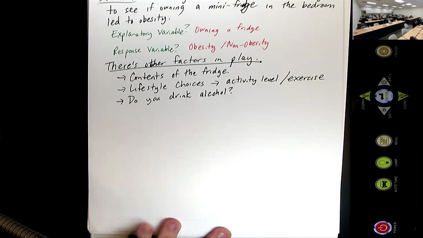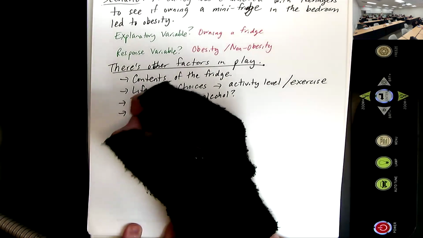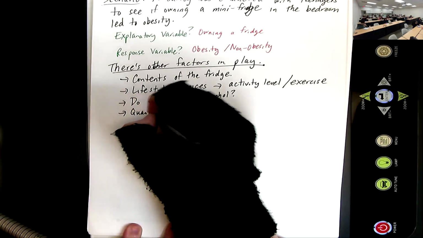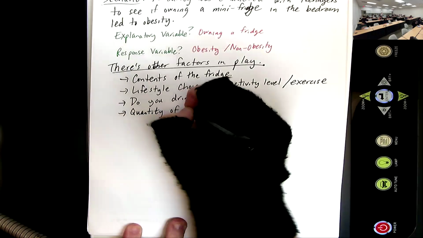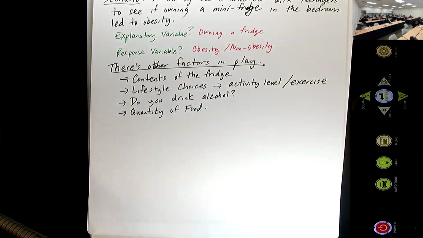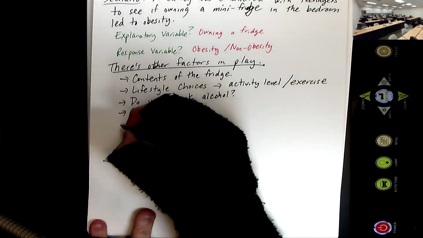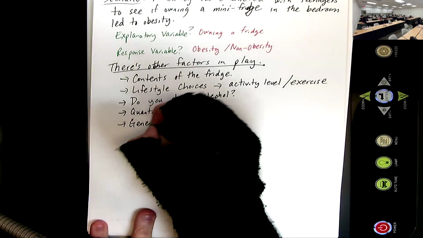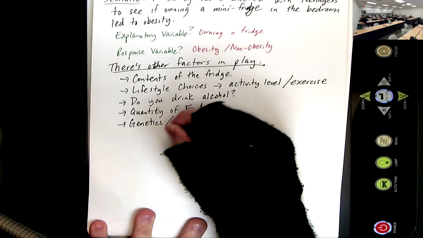What else might lead to obesity? How much? Quantity of food. You can eat the healthiest food in the world, but if you eat enough of it, your body can't get rid of the energy fast enough and starts storing it. Like family history, like your genes. Genetics. Family history.